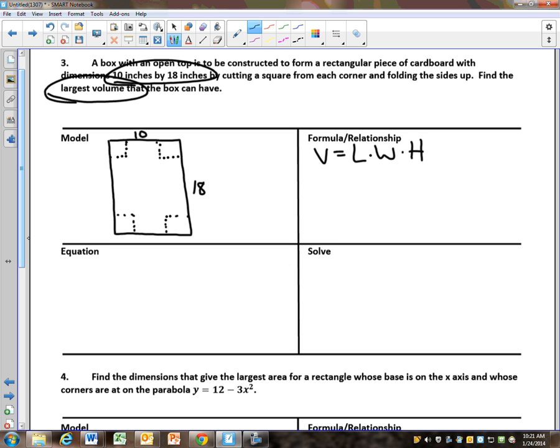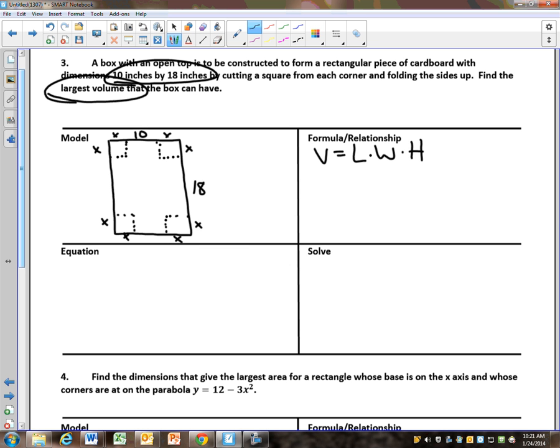Fill in the pieces. Can you see, what should I label something here? Why do those all have dimension x by x? Because you're cutting out a square, yep.